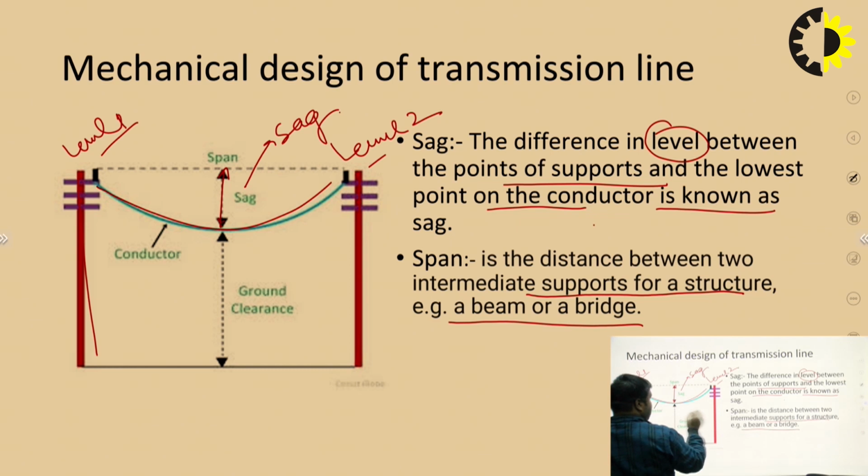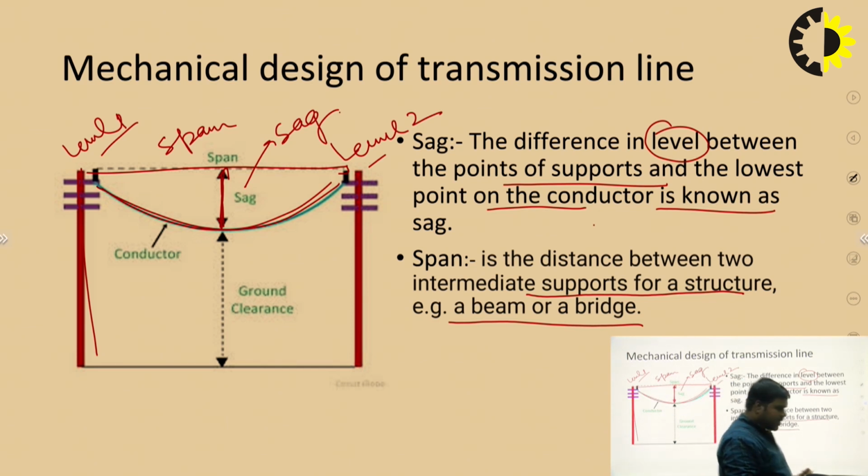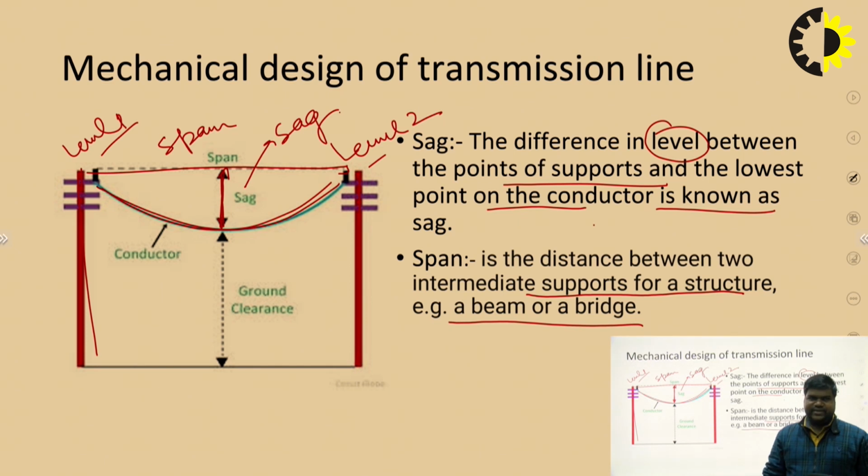These are the supports, and the lowest point on the conductor is known as sag. And span is the distance between the two intermediate supports. That is, this is the span. And the other things, like surrounding clearance and others, we will see in the next slides.